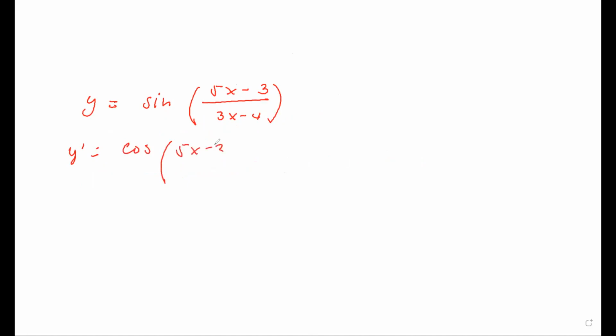Let's have another one. So, suppose I have here y equals sine of 5x minus 3 over 3x minus 4. So, my y prime will be, again, the derivative of this, which is equal to cosine nito, 5x minus 3 over 3x minus 4. Kaya lang, times yung derivative ng nasa loob. So, yung derivative ng nasa loob, we will use then the quotient rule.